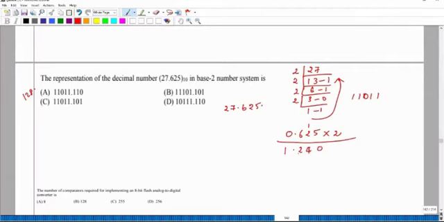Next you have to take 0.25, which should be multiplied by 2. We'll get 0.5.